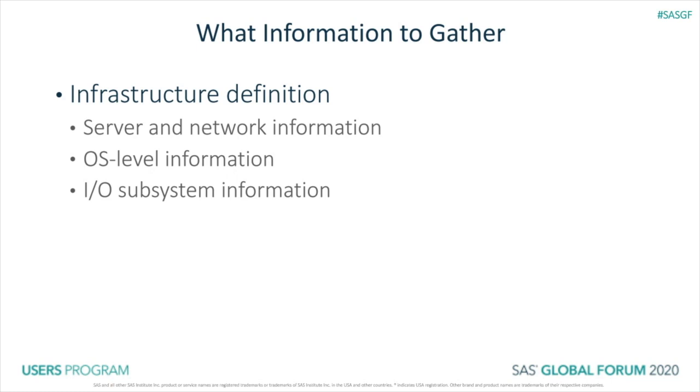We also look at the file systems being used for your permanent SAS data files, as well as the temporary SAS data files, which is going to be your SAS work and your CAS disk-cache. And also the source data location and type has a big factor as well, whether it's SAS data files or an external database or Hadoop or something else. And also your I/O subsystem information. We look at all the cards and the ports and any connections being used and the bandwidth of those.